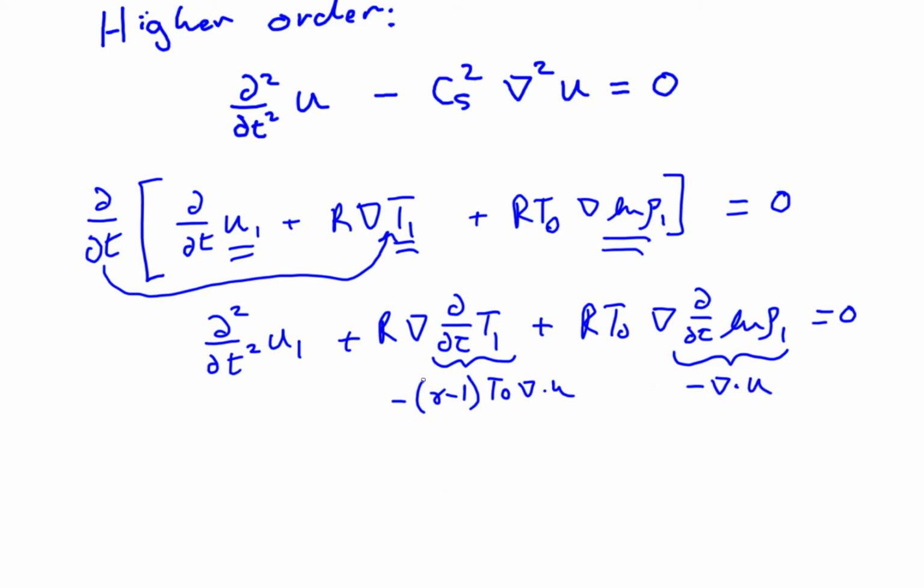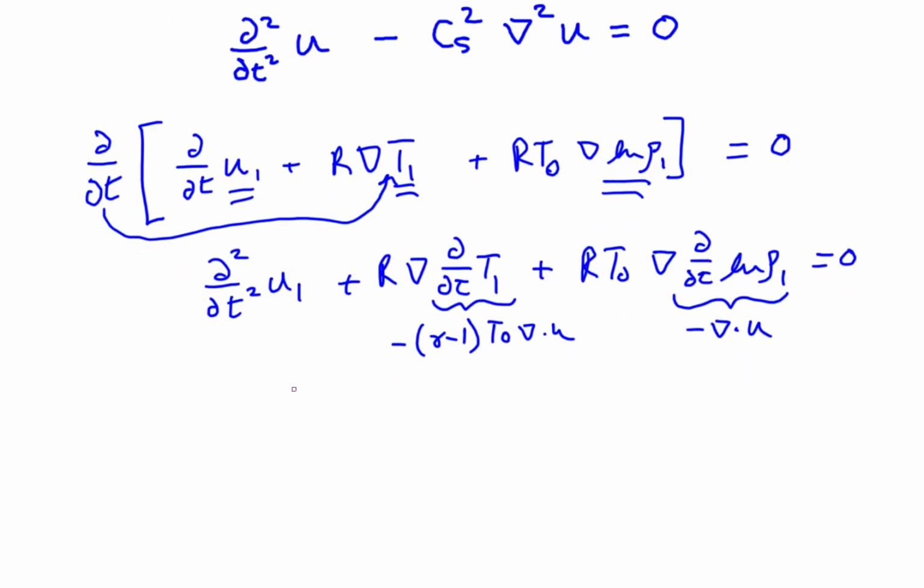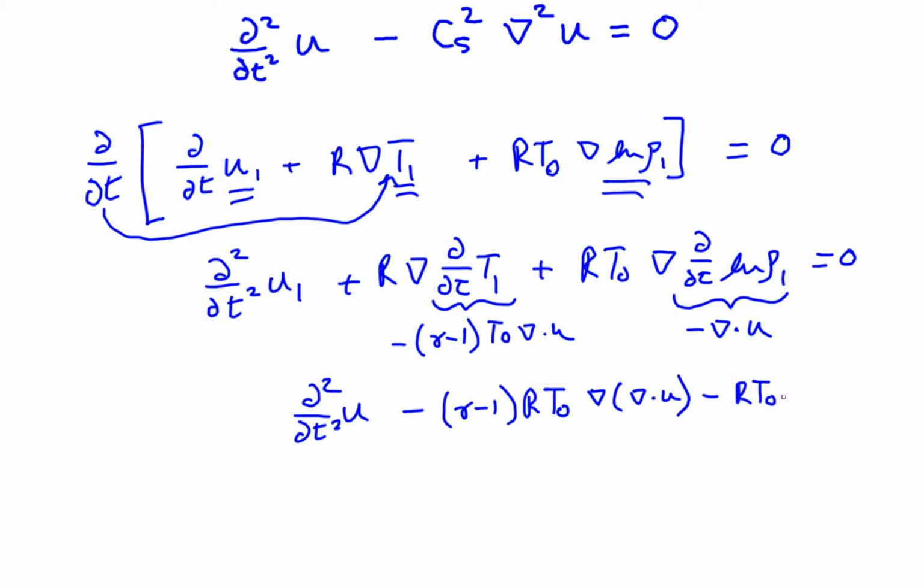As we simplify the system and gather some of our terms, what we get is the second derivative of u minus, from our first term, gamma minus 1 R T naught, which is constant, so it propagates through the gradient, grad of the divergence of u, and then minus R T naught, the divergence of u, is equal to 0.